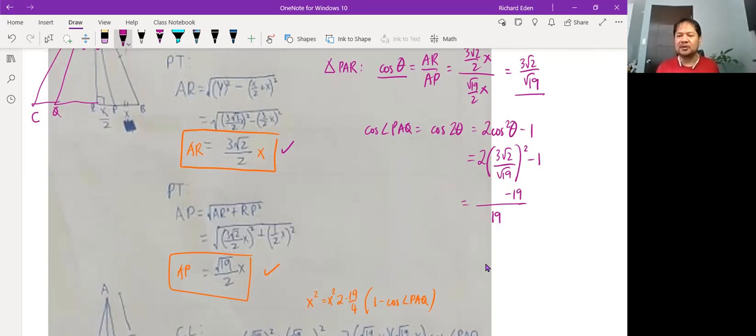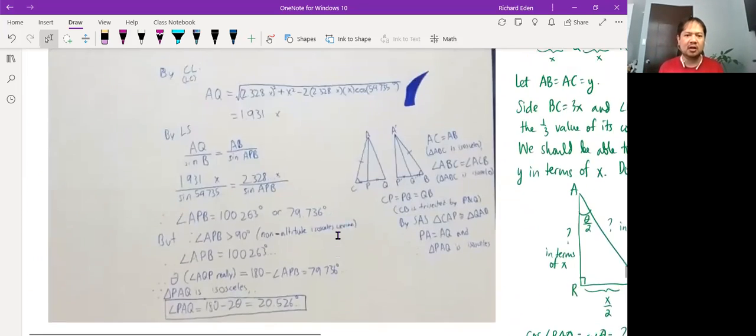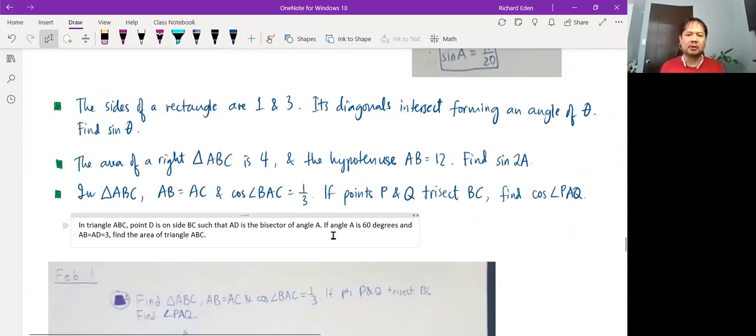So this will be 9 times 2, 18 times 2, 36, and that's 17 over 19. Alright, so multiple approaches. Epic. That puts a lid on this particular problem.